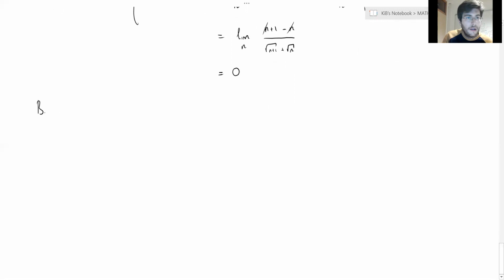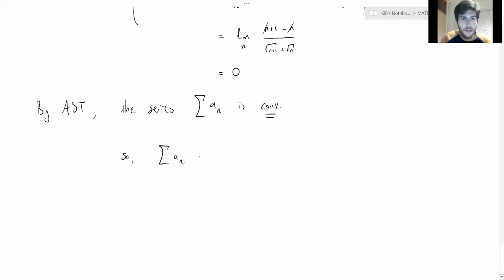The alternating series satisfies the hypothesis of the theorem, therefore the series is convergent. But remember, if you look at its absolute value, it was divergent, right? Remember our previous analysis. Therefore we say that this series a_n is conditionally convergent.